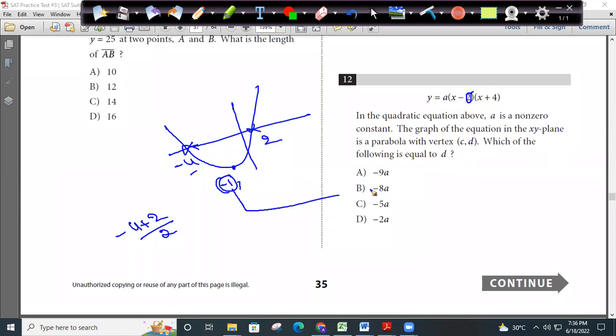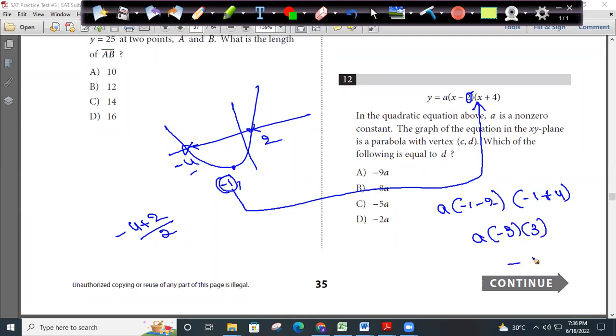Once I get minus 1, I'll happily plug in the options. So a into minus 1 minus 2, minus 1 plus 4, a into minus 3 into 3, which is minus 9a. So the answer is A for Alibaba. So minus 9a should be the answer.